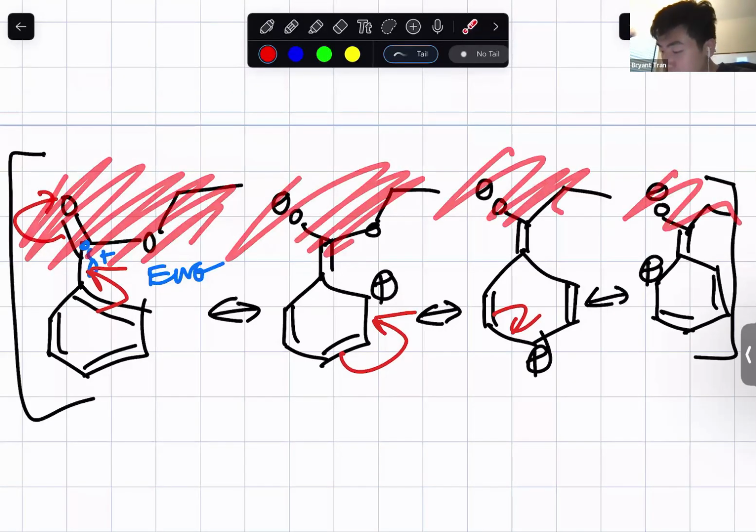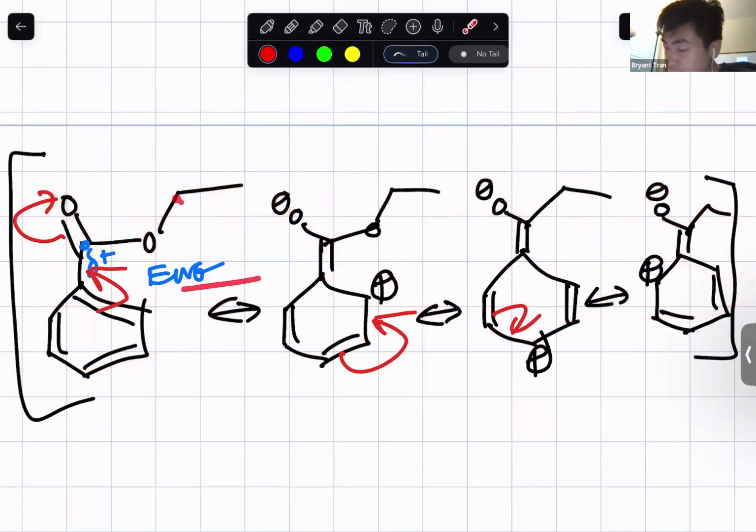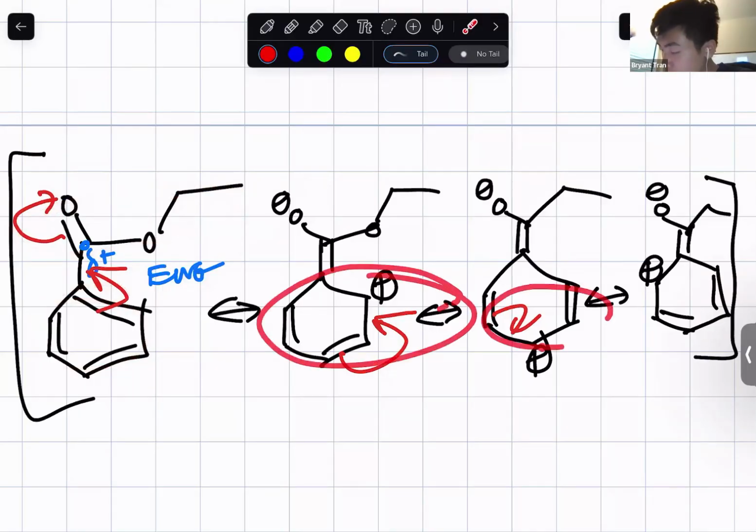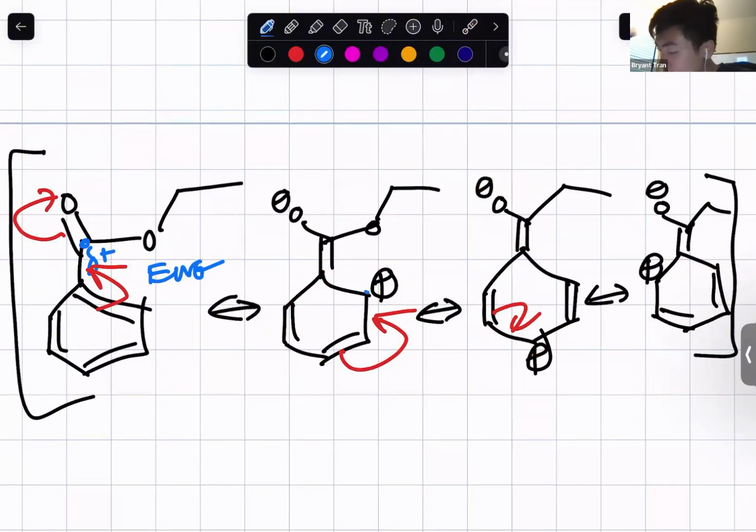We're going to be concerned about the system, which is the benzene. We see that when we added an EWG onto the benzene, it injected a positive charge onto the benzene. It stole or withdrew electrons from the benzene. That's why there's positive charges on the benzene now. And if you notice the positions of the positive charges, they're also at the ortho and para positions.